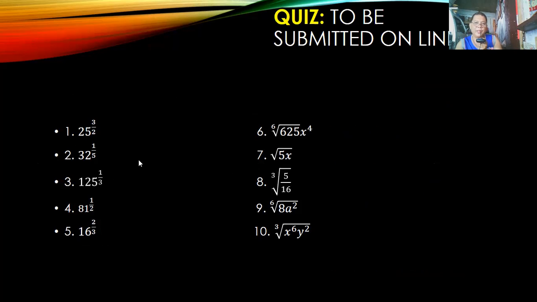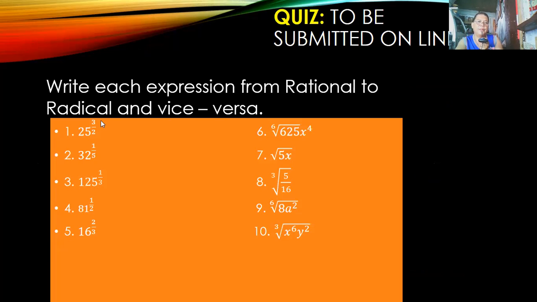Okay, and this will be our quiz to be submitted online. Number 1, you have to write the expression from rational to radical and vice versa. We're going 1 to 5.